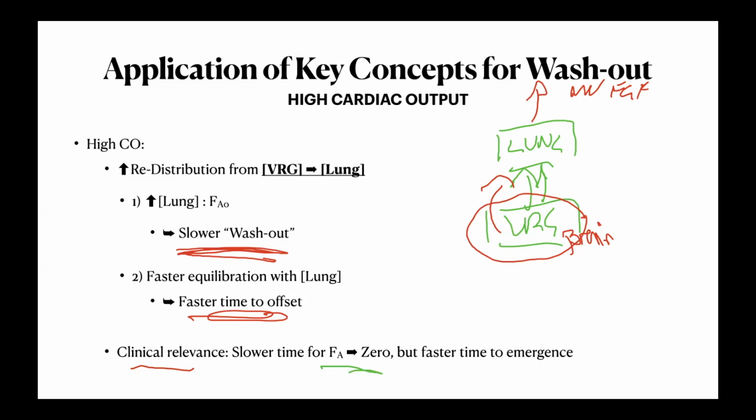So your alveolar pressure reaches 0 at a much slower pace than when you've got someone with a low cardiac output. But they actually have a faster time to emergence, because the vessel-rich group partial pressure, or their brain partial pressure, decreases a lot more rapidly, because it reaches equilibration with the lung a lot more rapidly.